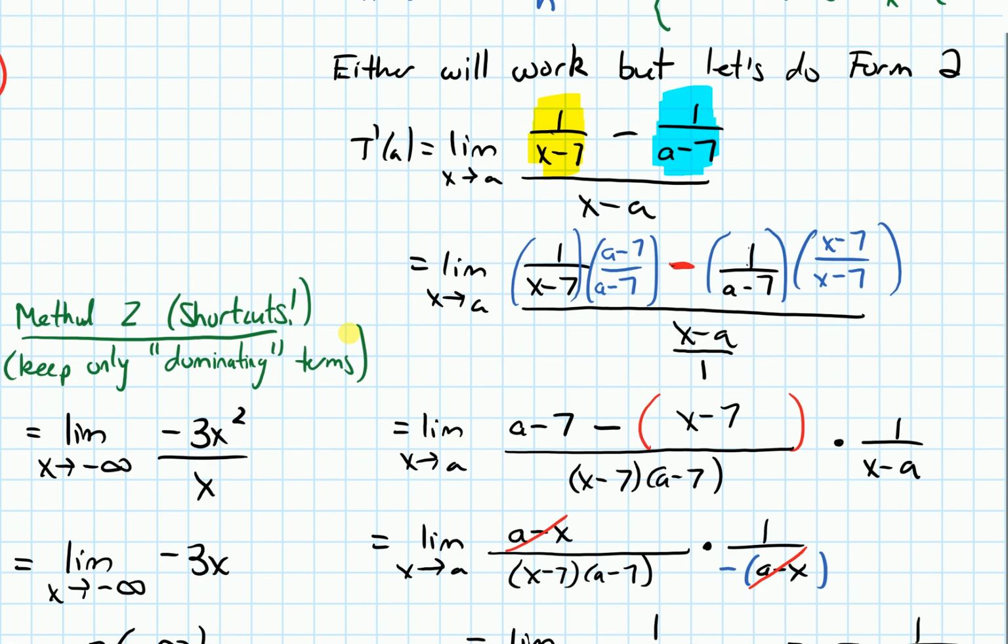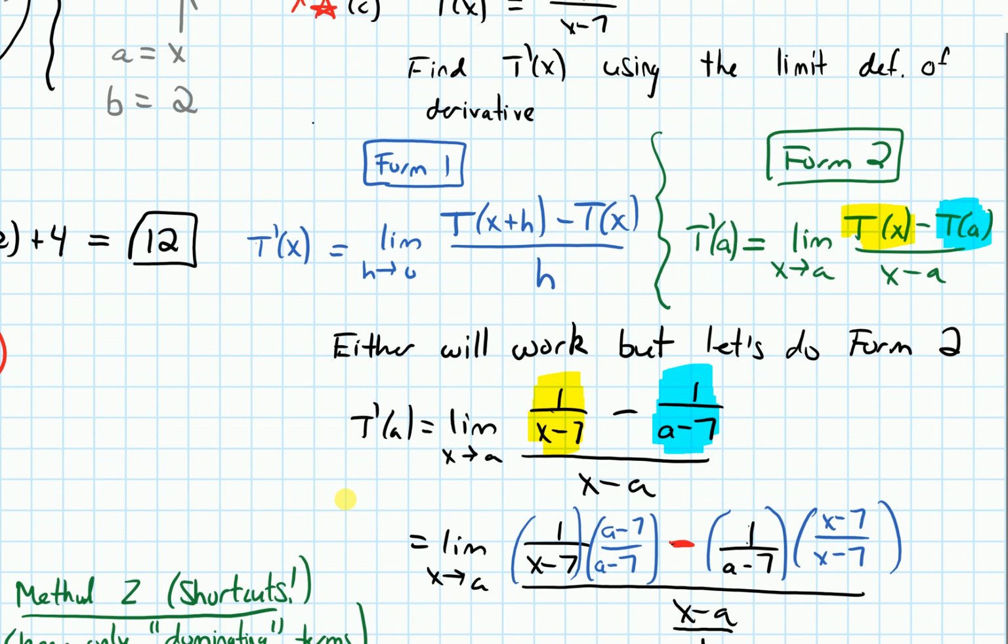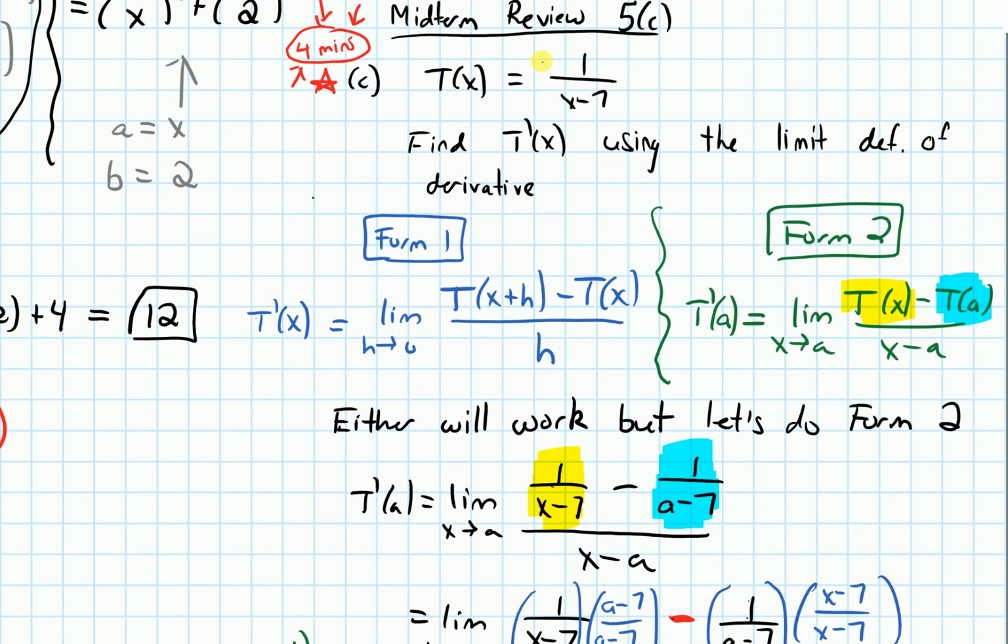But let's just remember what our original variable was in our function. Was it a? No, our original variable was x. So anytime you do this second form for the definition of the derivative, it'll give you the answer in terms of a, the variable a. So if I need to switch back to the original variable, I do that as my last step.